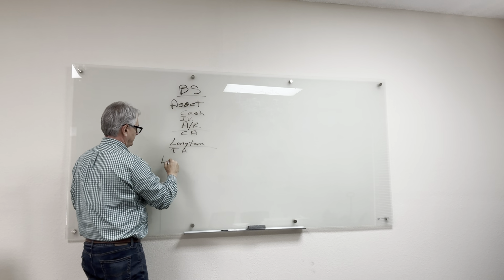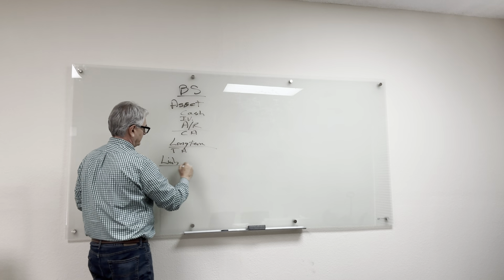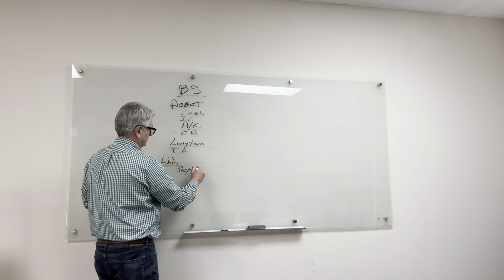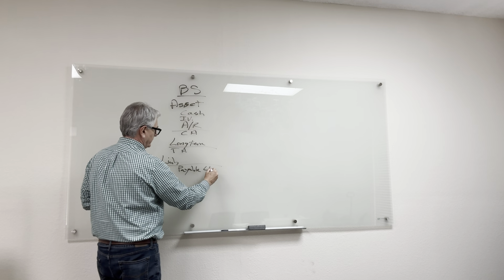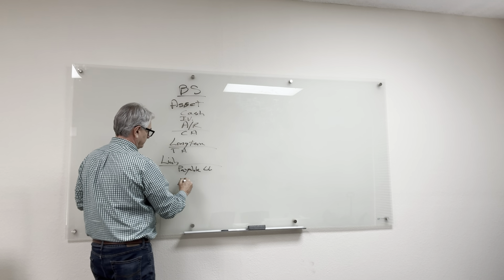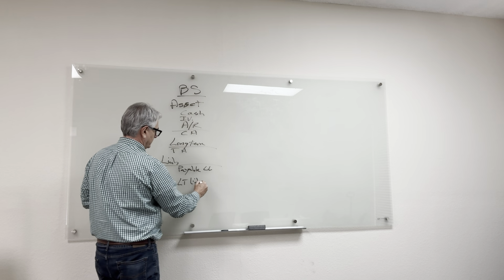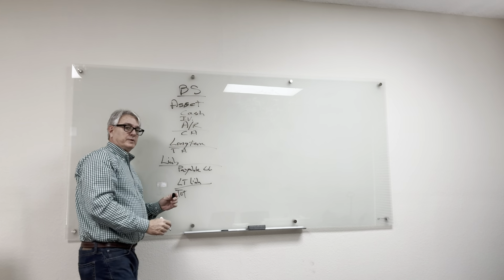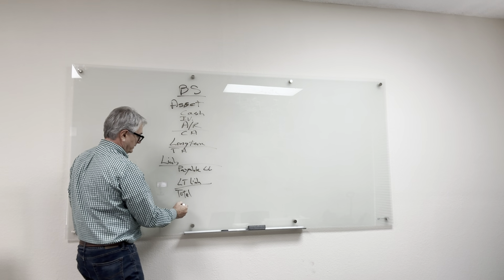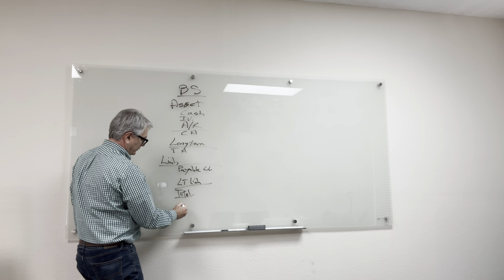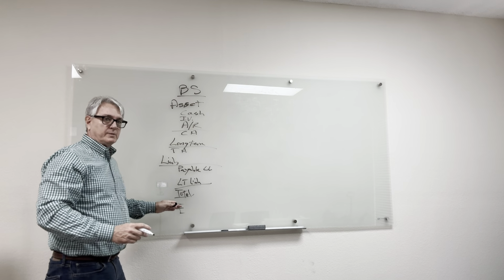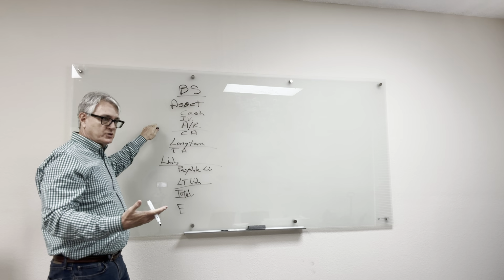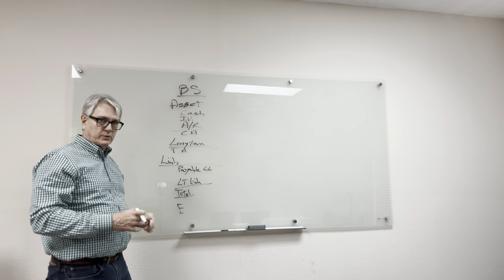And then you're going to have your liabilities. Liabilities are going to be your payables. Those are typically current liabilities. You're going to have your long-term liabilities. And then total liabilities. And then you can have equity. And equity is really the balancing. So this is the accounting equation: assets will equal liabilities plus equity.